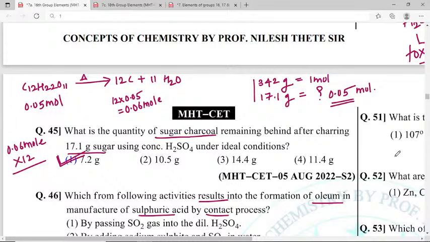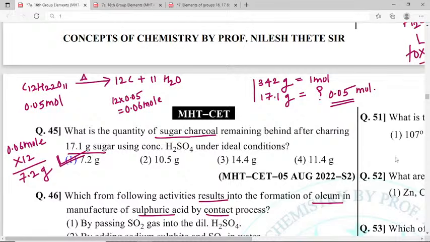So 12 multiplied by 0.05 is 0.6 mole, and that is again multiplied by 12, so we'll get 7.2 gram.